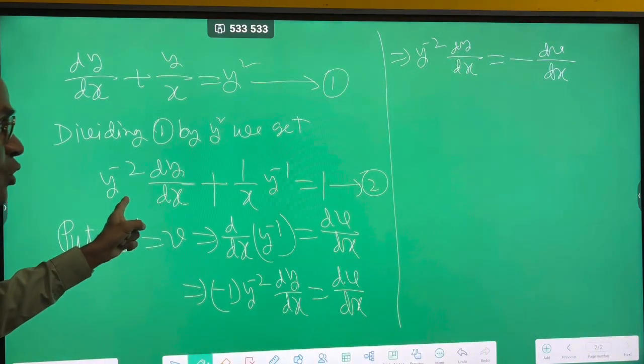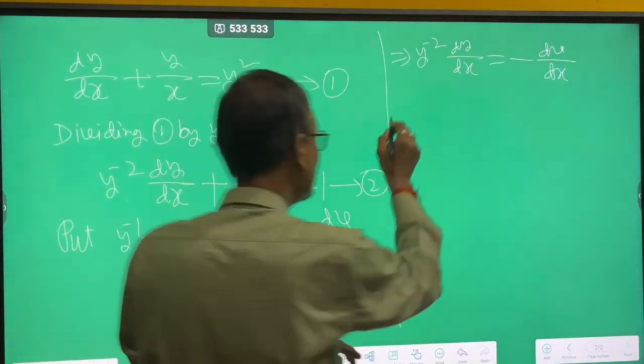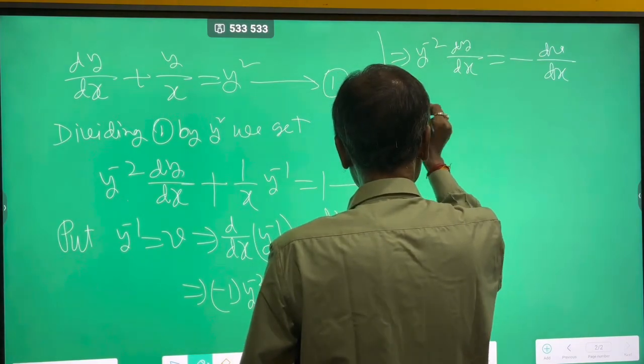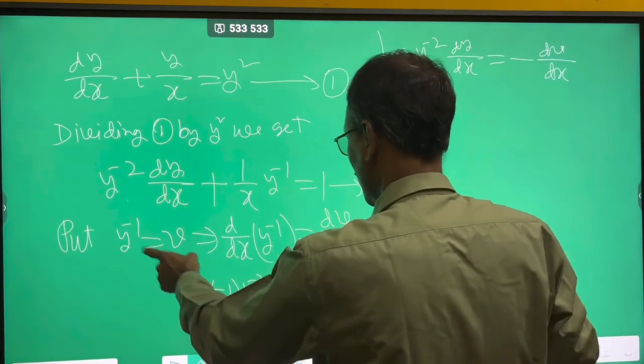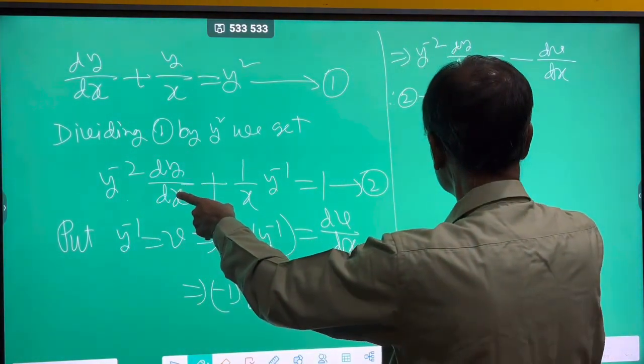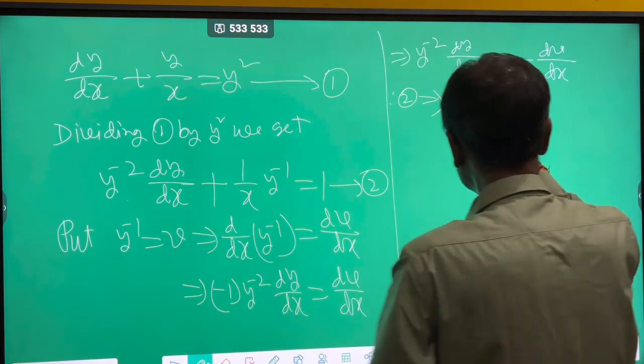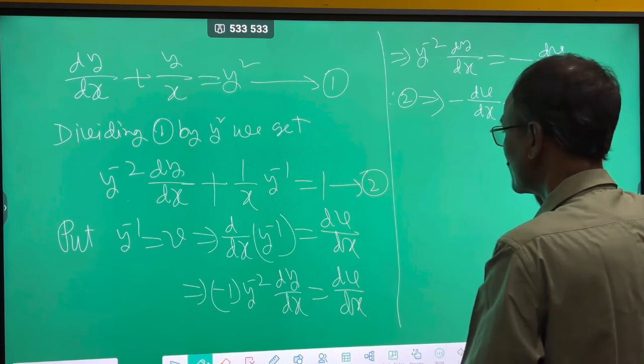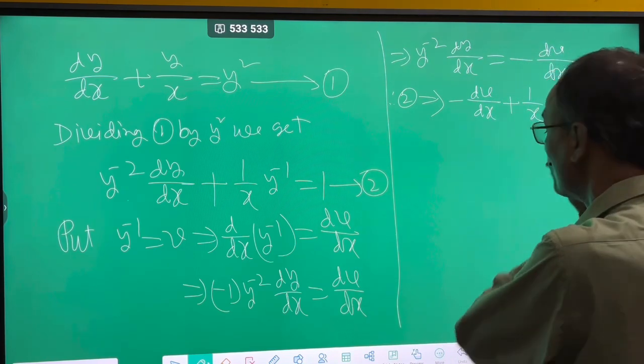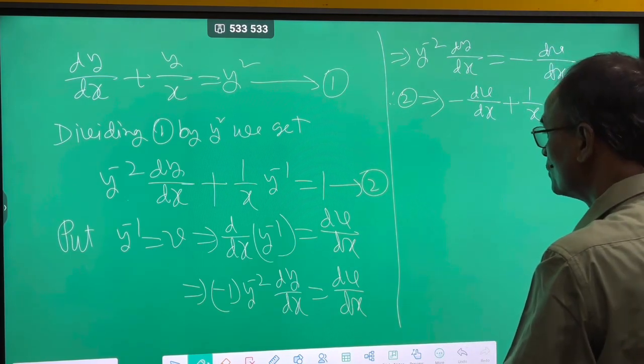Now from 2 you will get, for y to the power minus 2, 1 by x v equal to 1.